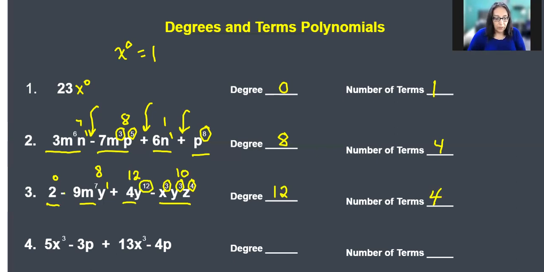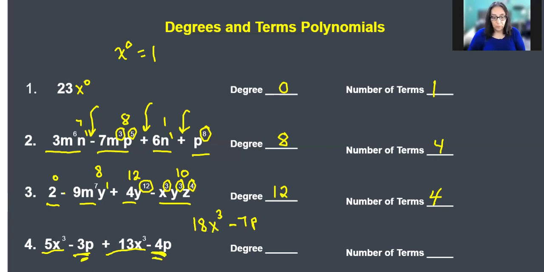So when I look here, I've got 5x cubed plus 13x cubed. That gives me 18x cubed. And then I've got a negative 3p and a negative 4p. That gives me a negative 7p. That's going to change our answer.